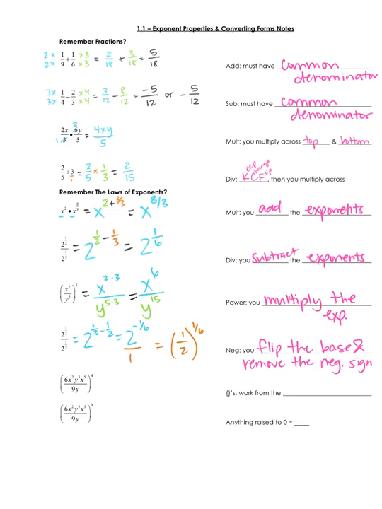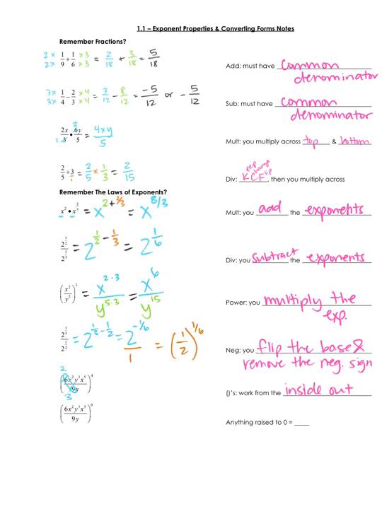For parentheses, we're going to work from the inside out. So I like to simplify whatever's inside. I usually start with the numbers, see if I can simplify them. 6 over 9. I know I can divide those by 3, so this becomes 2, and this becomes 3.